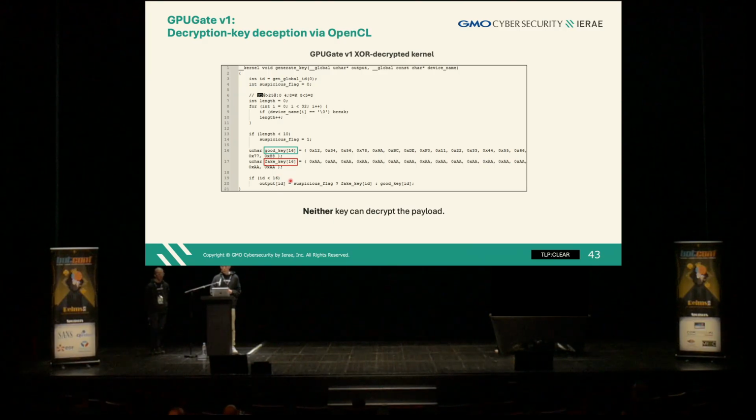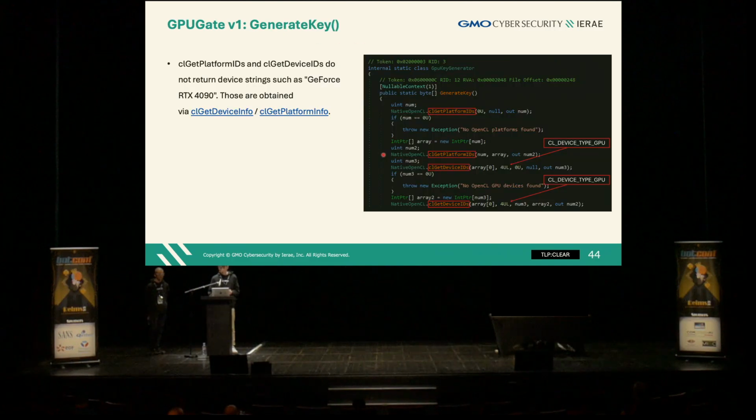So, what's going on here? Well, CL get platform ID and CL get device ID don't return device strings. They return IDs. They're not returning something like GeForce RTX 4090. Those kinds of strings can be obtained, but through other API calls.